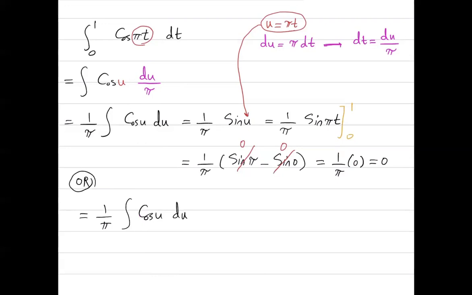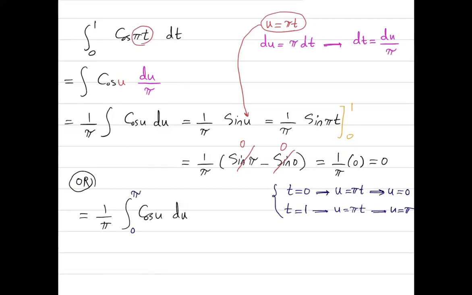Remember that when t is equal to 0, since u is equal to pi t, u becomes 0 as well. When t is equal to 1, since u is pi times t, u becomes pi. So the lower bound is still 0, but the upper bound is now pi.